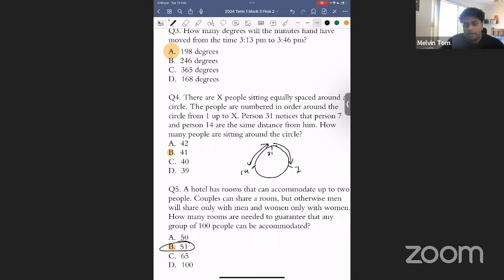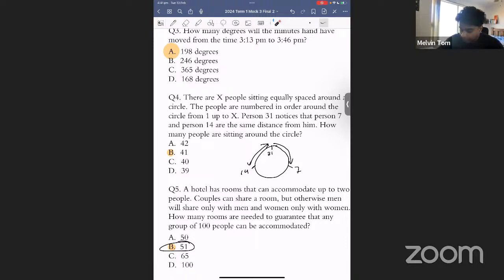Now, the first mistake that a lot of people make is they think that 31 is the final person in the circle, right? There's only 31 people. But that's incorrect. You can't really make that mistake because there's no 31 as an option. So now that we know that, let's figure out the distance between each of these people.